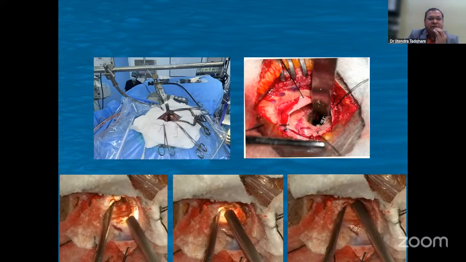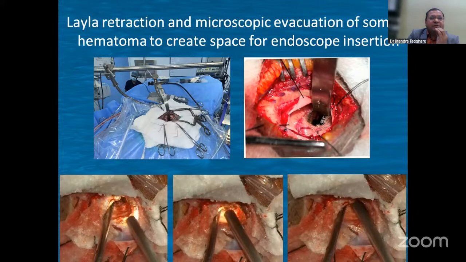Only that much detection I do using the LILA detector, and I evacuate some part of the hematoma so that I can put the endoscope inside the cavity.